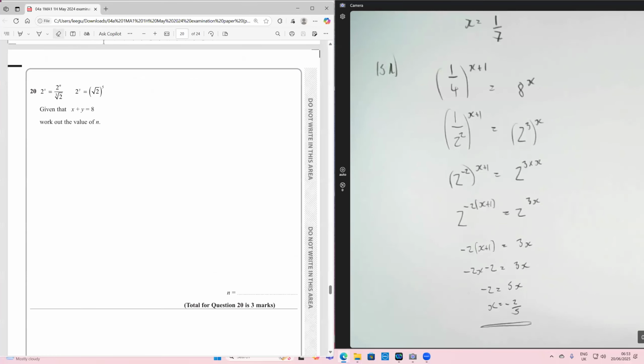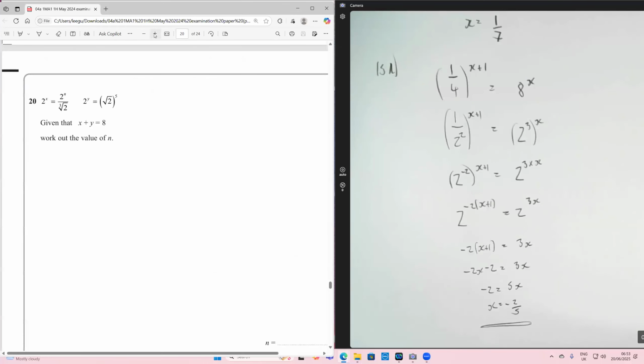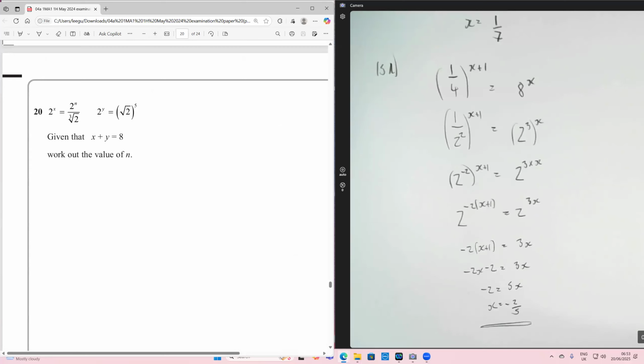So this is taken from a 2024 paper, and there are various ways in which this comes up, but in this particular instance it's come up in this format, and it says 2 to the x is equal to 2 to the n over the cube root of 2, and 2 to the y is equal to the square root of 2 to the 5. Given that x add y equals 8, work out the value of n.